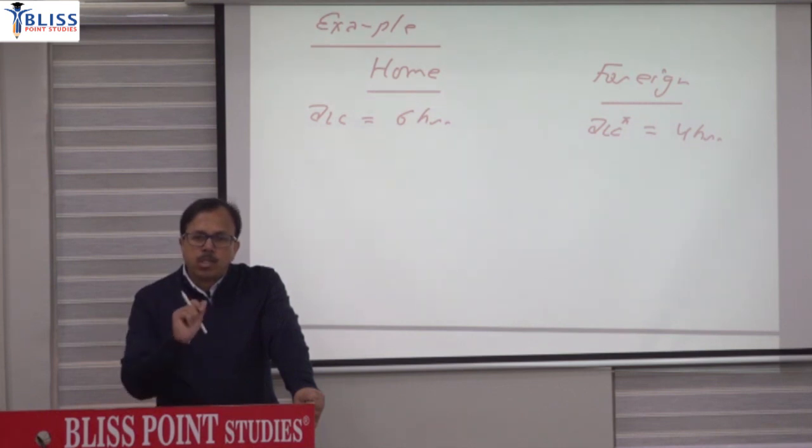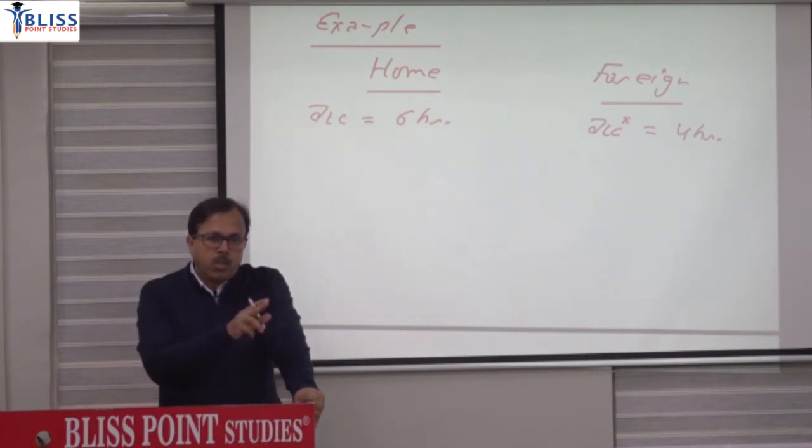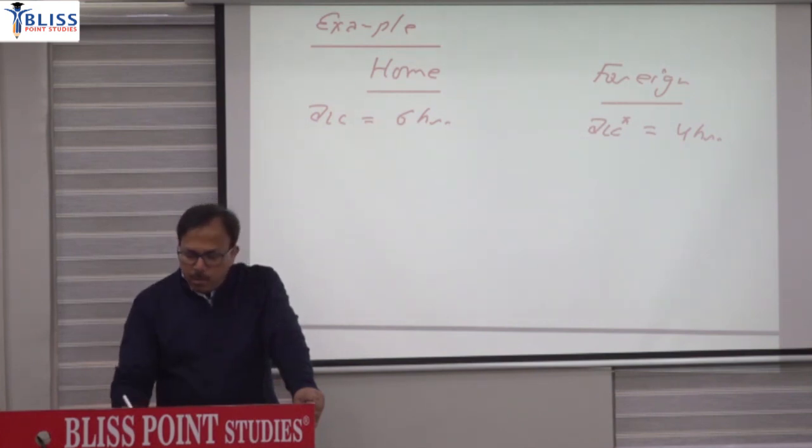This is absolute cost advantage, क्योंकि हमने सेकेंड प्रोडक्ट को रेफर ही नहीं किया. We are discussing only one product. So based upon this, you are saying that foreign country has absolute cost advantage because foreign country can produce cheese in less time. See the other number.